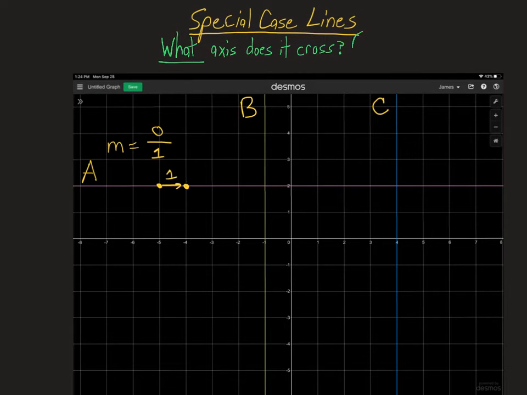Remember, we're talking about the only axis is X or Y. And so a line A, it crosses the Y-axis right here. So we know it crosses the y-axis. And then the second question we ask ourselves is, where does it cross that axis?